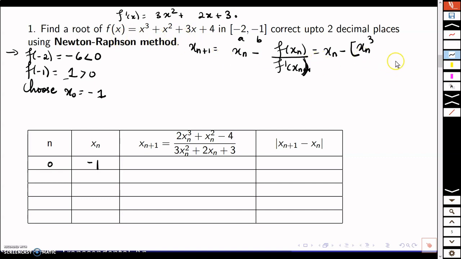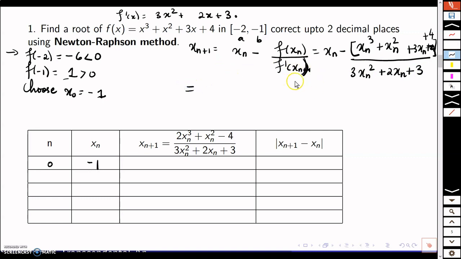Okay, so that is xn cube plus xn square plus 3 times xn plus 4, right? This part divided by f dash at xn. So in f dash you put x equal to xn, that will be 3xn square plus 2xn plus 3, right?